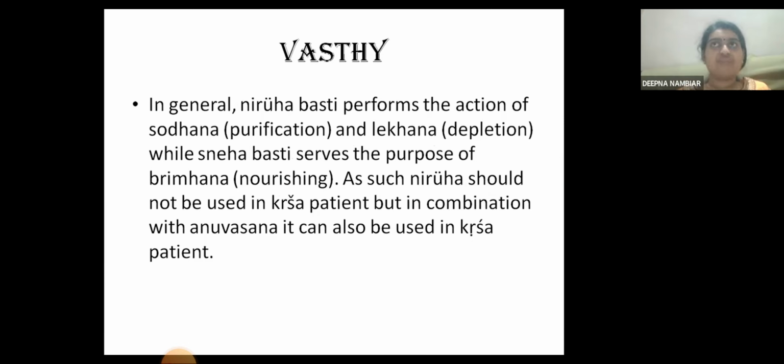In the case of Vasti, Vasti has the effect of Krisho Brimhayet, Sthulo Karshayet. It has both effects. So Medohara properties are explained for Lekhana Vasti also. In general, Niruha Vasti performs the action of Shodhana and Lekhana, and Sneha Vasti, the Brimhana effect. So in the case of Krisha, we can go for the combination of Anuvasana Vasti, and doing excessive Niruha Vasti is contraindicated in Krisha also.